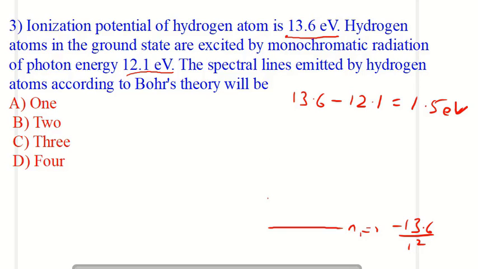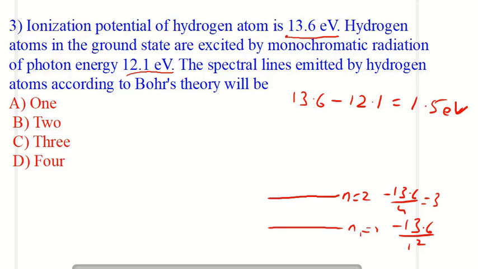For the second shell, n equal to 2, the energy possessed is minus 13.6 divided by 2 square, which is 4, which if we calculate, we get 3.4 electron volt.